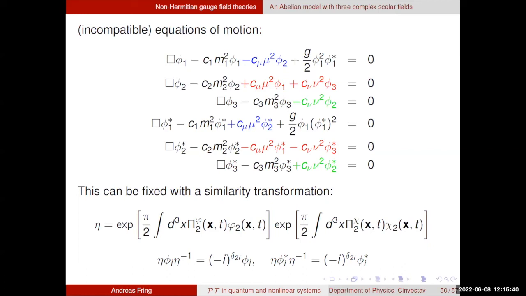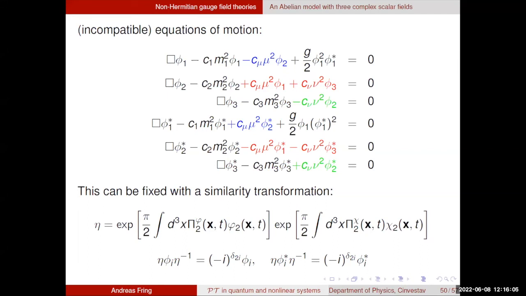But this is rectified by looking again at the similarity transformations. And now these are now equal time commutators we have to use instead of just commuting our p's and x's. And this one is very simple. It will just act like this. So it will introduce i's in the right place where we need them.